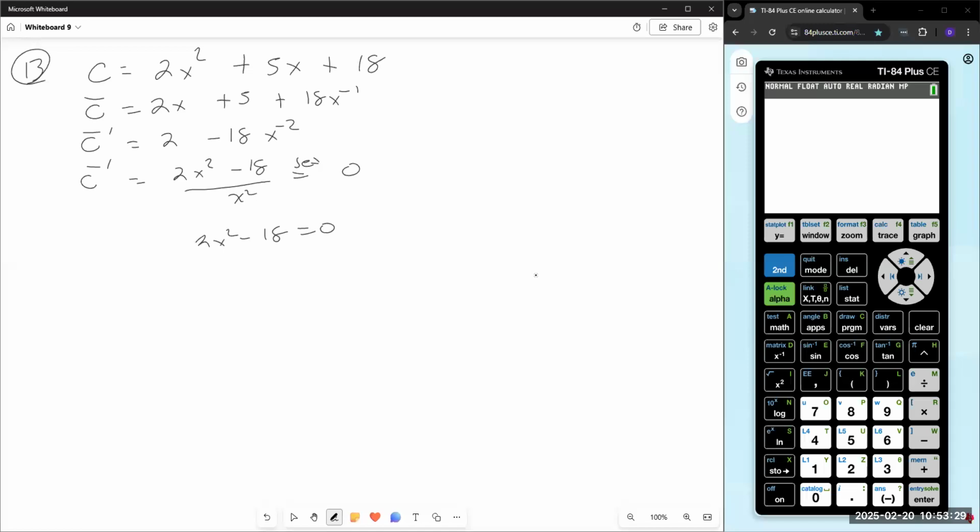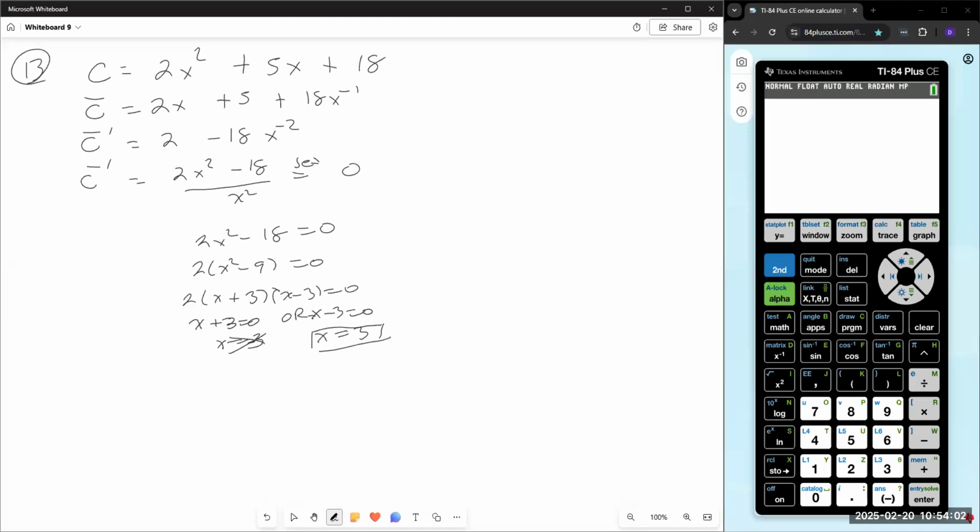And that means 2 times x squared minus 9 equals 0. 2 times x plus 3 times x minus 3 is equal to 0. x plus 3 equals 0, or x minus 3 equals 0. x is equal to negative 3, which doesn't make any sense for production, or x is equal to 3, which probably is my answer.